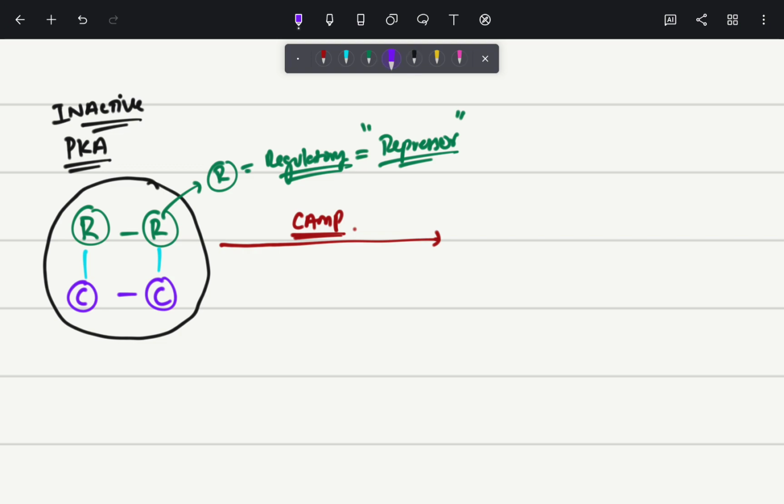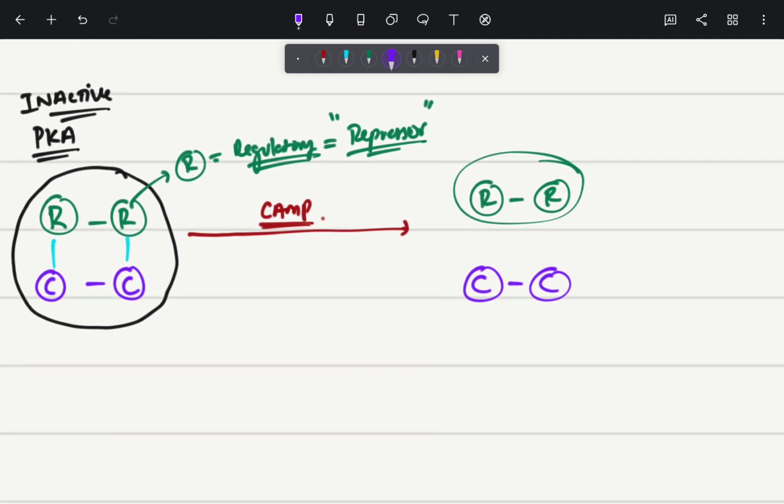So the repressor proteins will get separated from the catalytic units. Now these catalytic units are nothing but your active form of your protein kinase A.